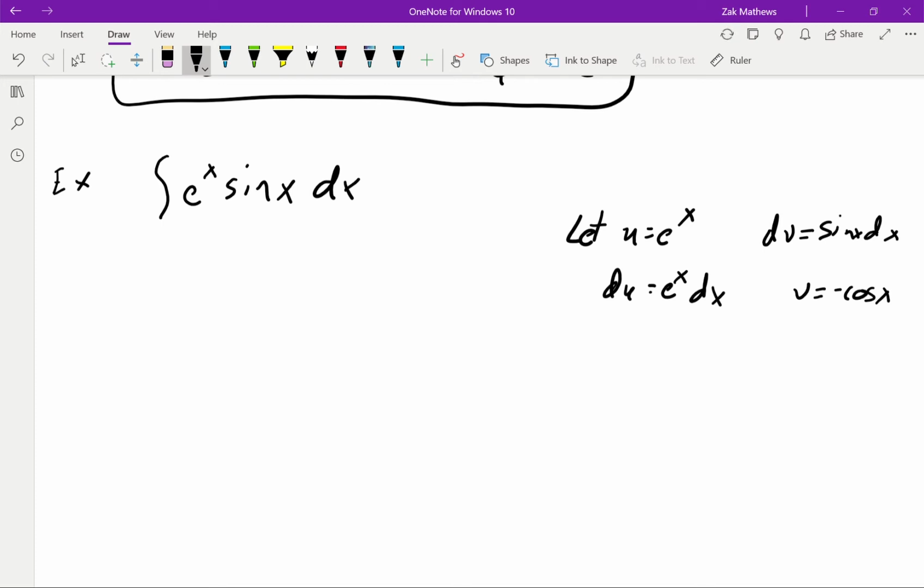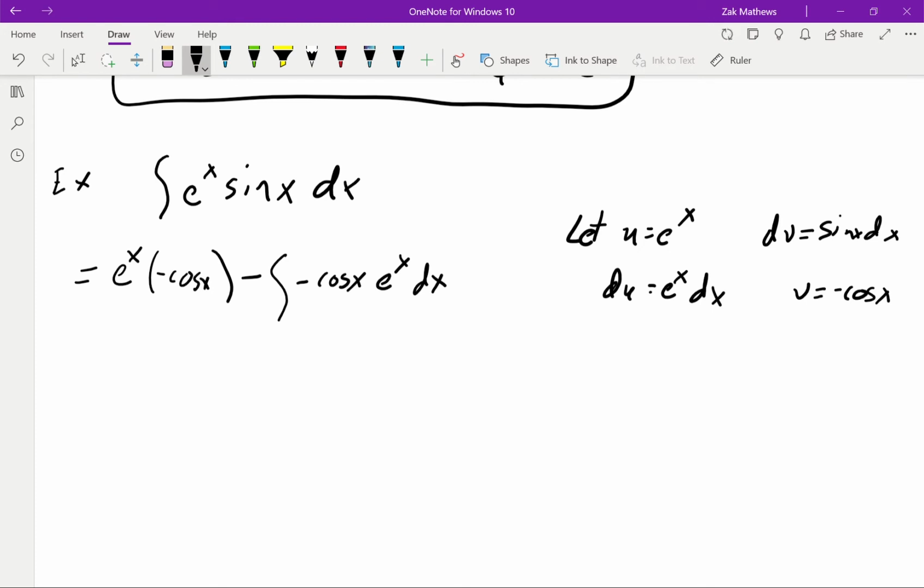And let's try to set this up with our integration by parts formula. So using integration by parts, we'd have our u, e to the x, times our v, which is negative cosine x, minus the integral of our v, negative cosine x, and then our du, which was e to the x dx.